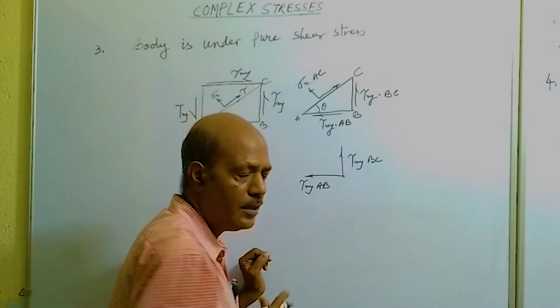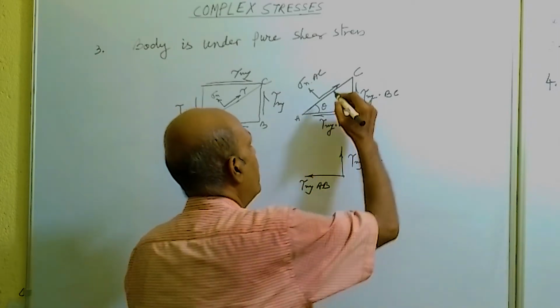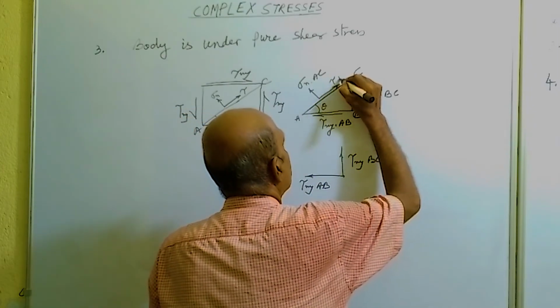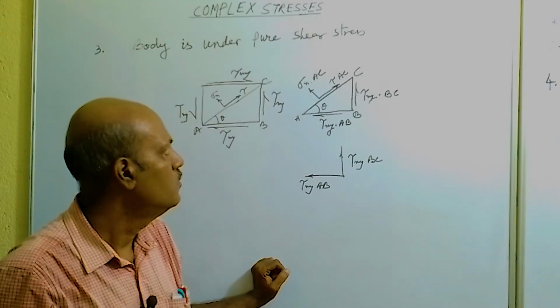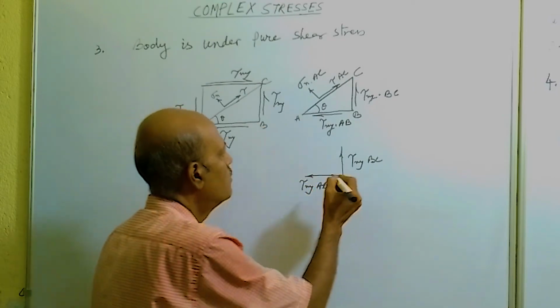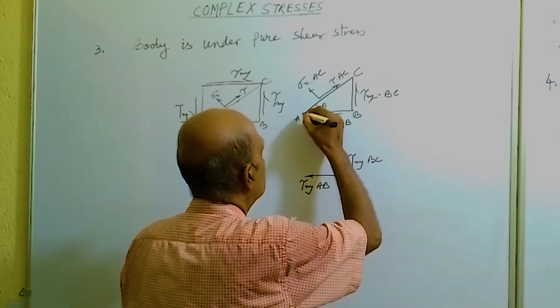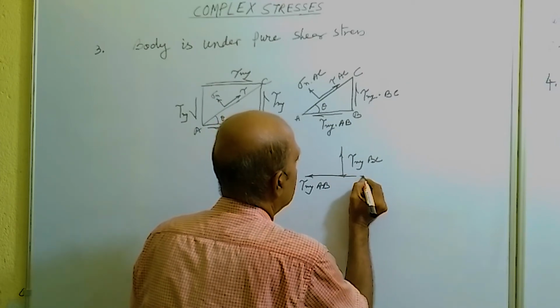Force is acting perpendicular to the direction of the plane, that is inclined plane, and tau into AC is the force acting tangential to the surface AC. Now, this is at an angle theta. So say this is your x-axis.